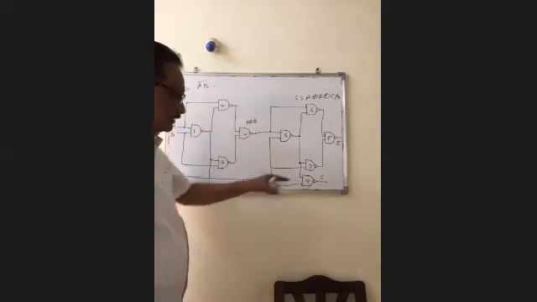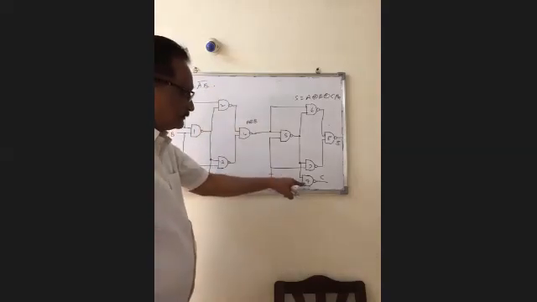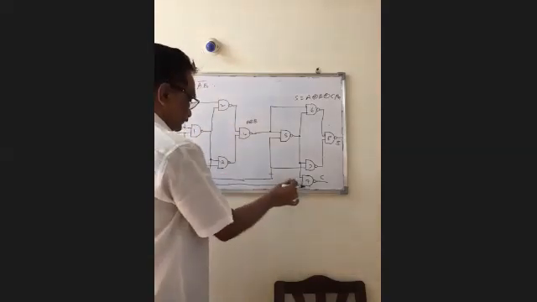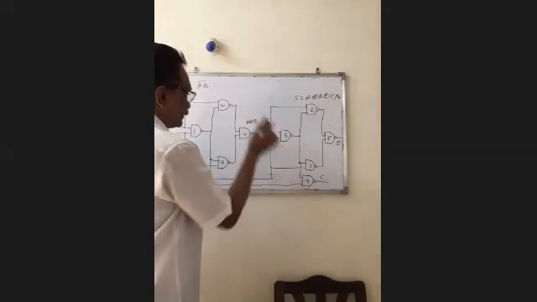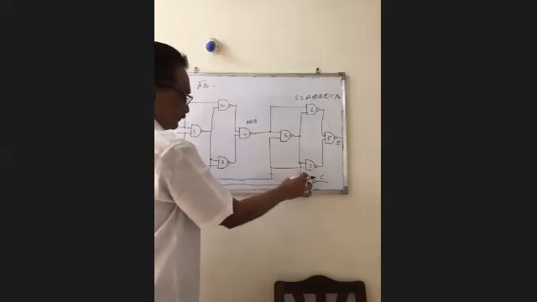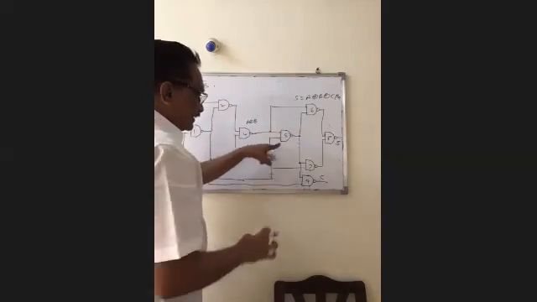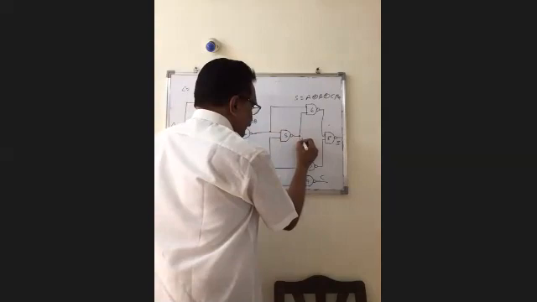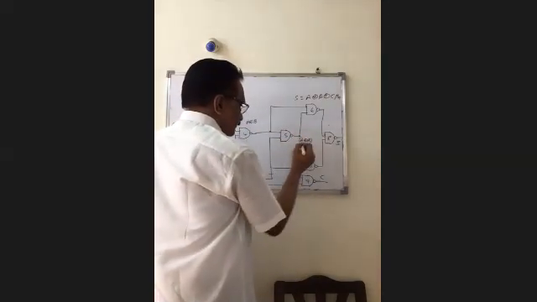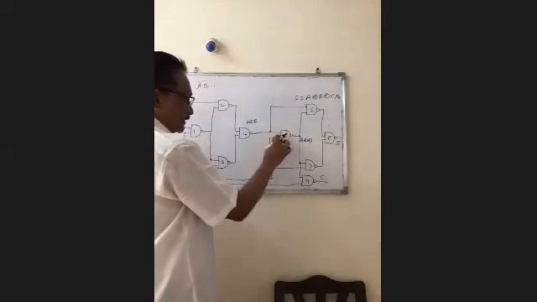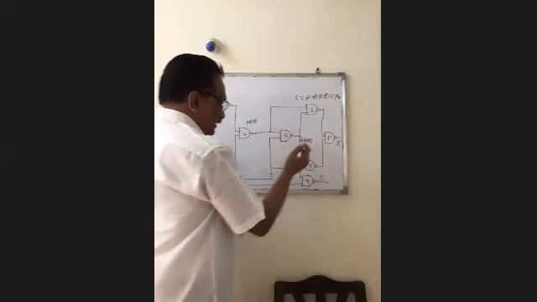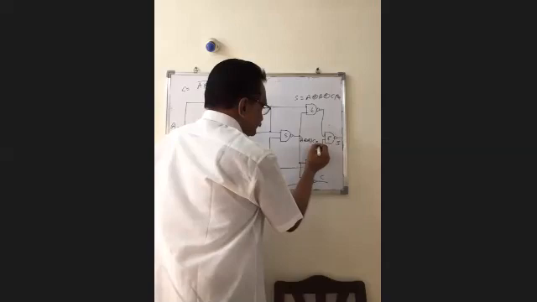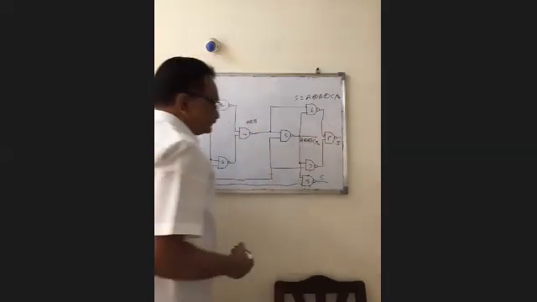Into what is the output of this NAND gate? One of the inputs is A exclusive OR B, and the second input is C in whole bar.